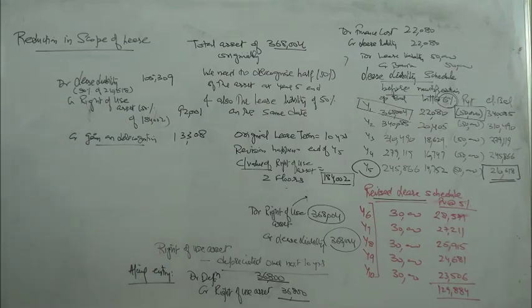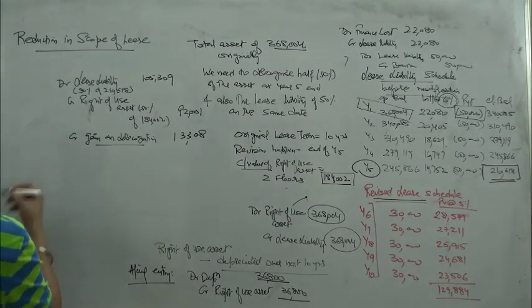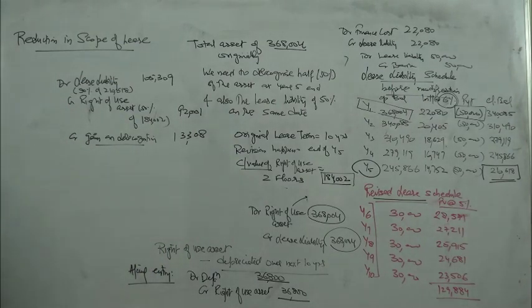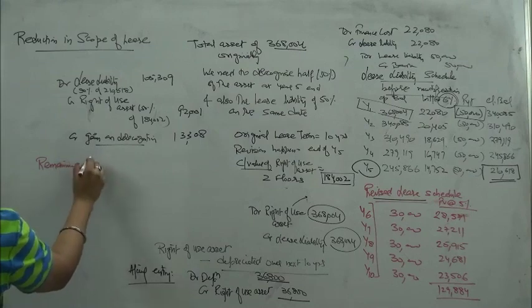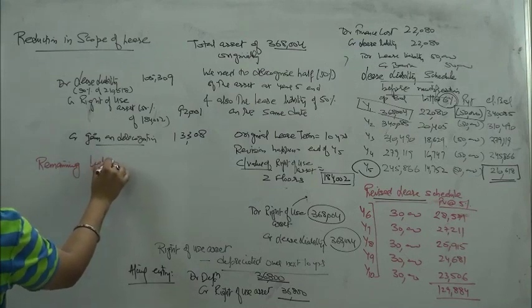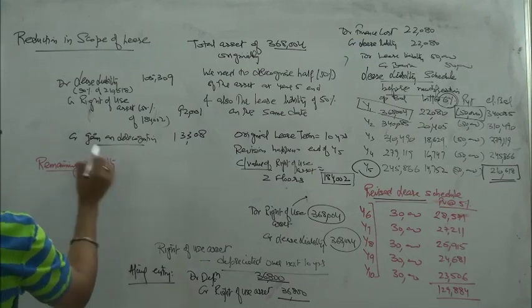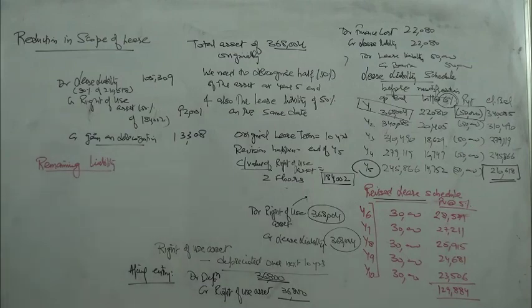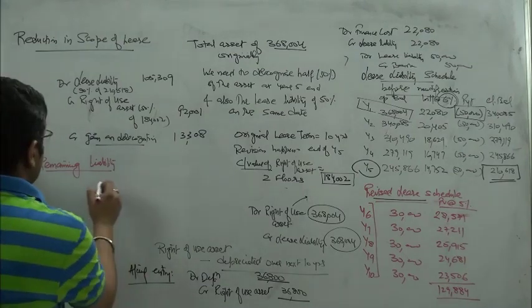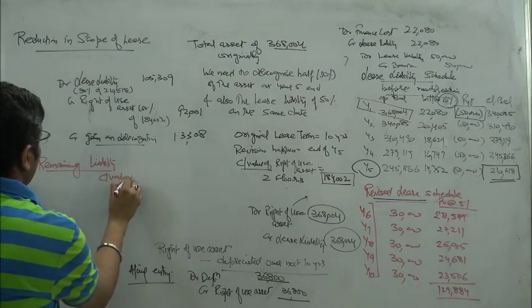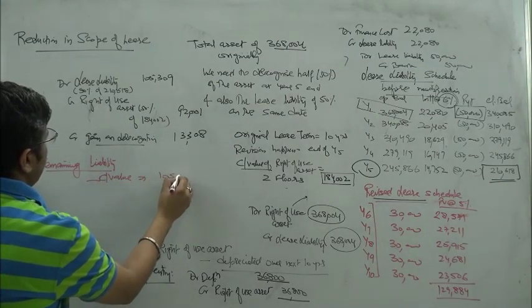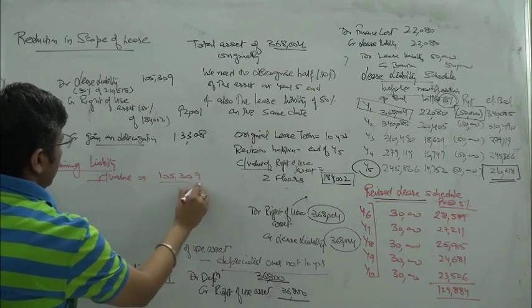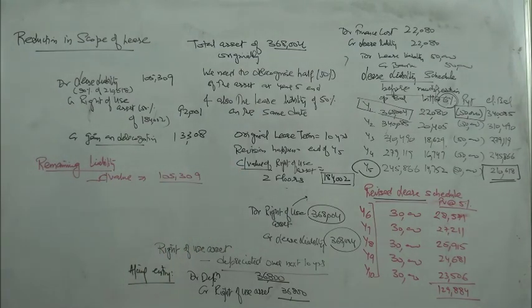So what we are now left with, of course, is the remaining liability. Okay, how much does it come to? Of course, the carrying value is 105309 of the other floor, right?